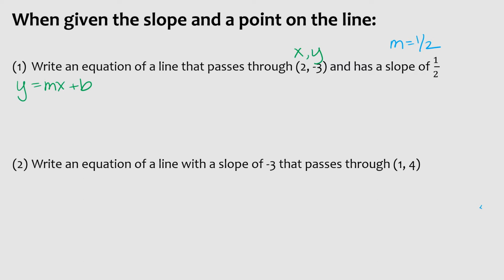We have m equals 1/2, there's our m, and we have this x here and the y here. So if I plug all those things in, I'm just left with b.